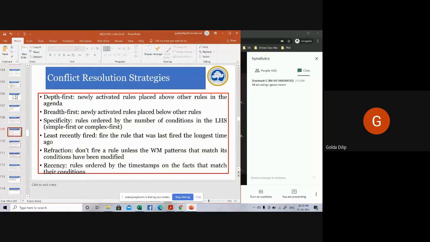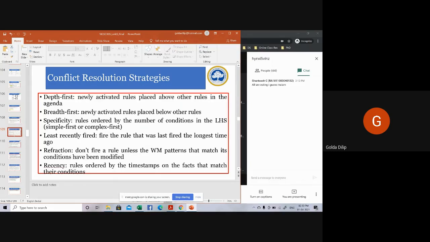I just mentioned that conflict resolution strategies are used in production systems in artificial intelligence, and they help you choose which production rule to fire. Such a situation arises when you have two or more rules that are satisfied by the currently known facts. So you have this conflict resolution strategy.